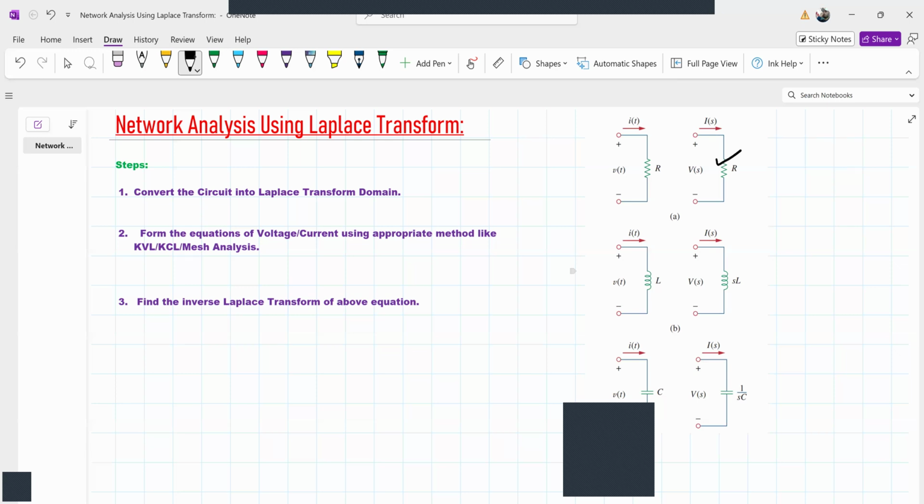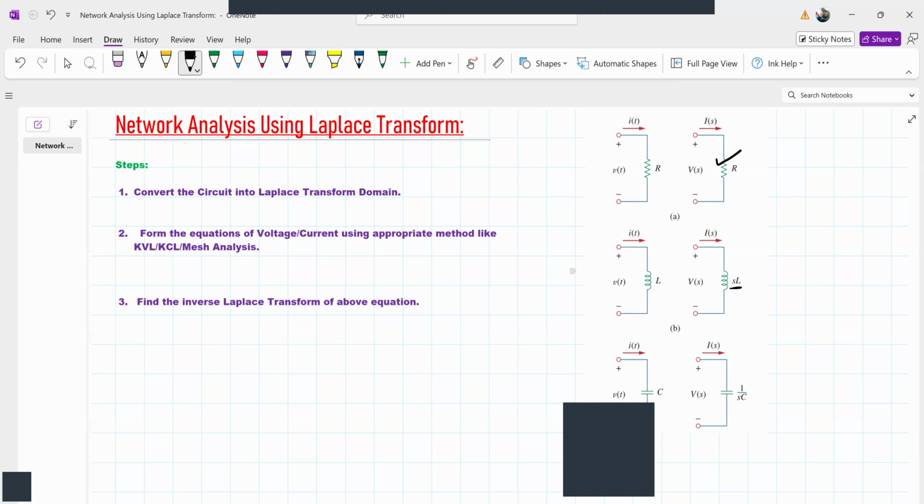Similarly, if we apply Laplace transform to an inductor, the voltage and current in the inductor are related by a quantity called SL.